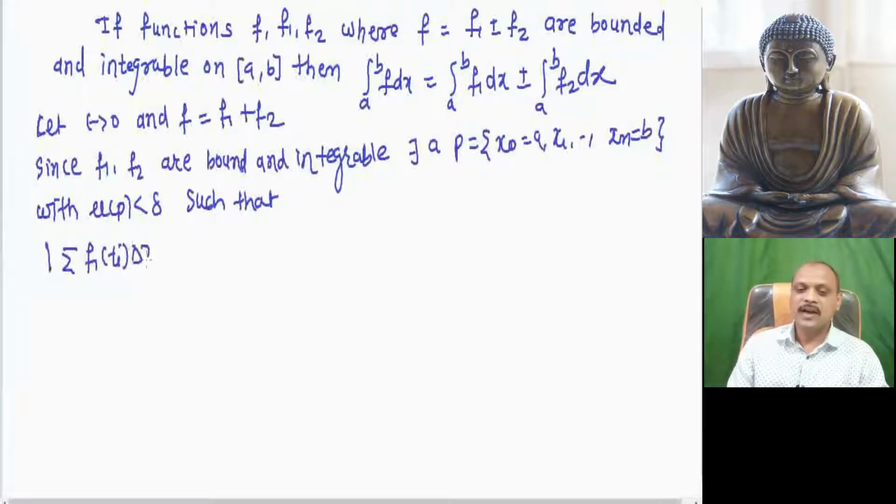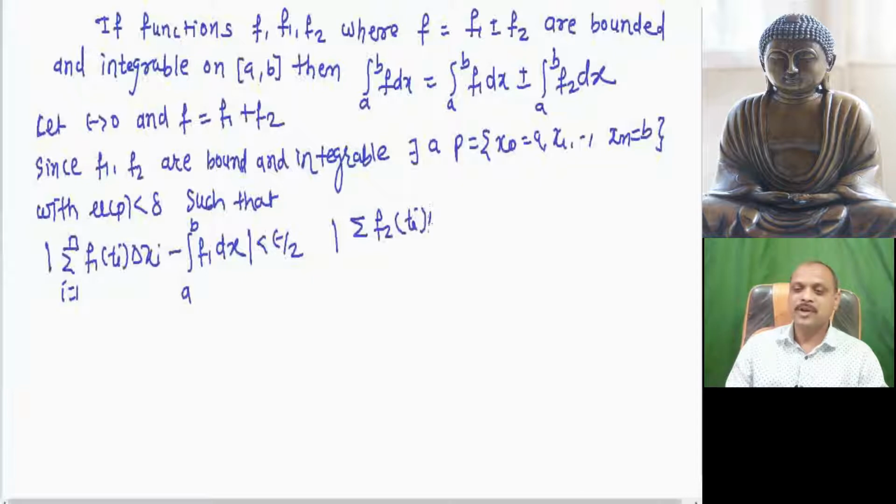the summation of f1 of ti into delta xi, i equal to 1 to n, minus the integration of f1 between the limits a to b is less than epsilon by 2, and the summation of f2 of ti into delta xi minus the integration of f2 between the limits a to b is also less than epsilon by 2.